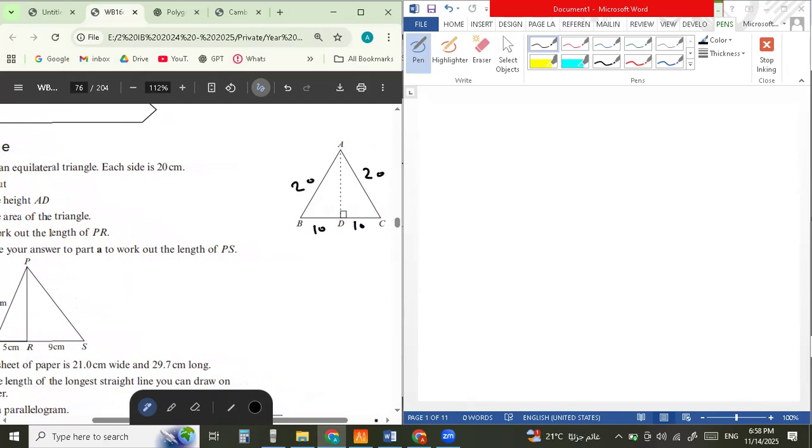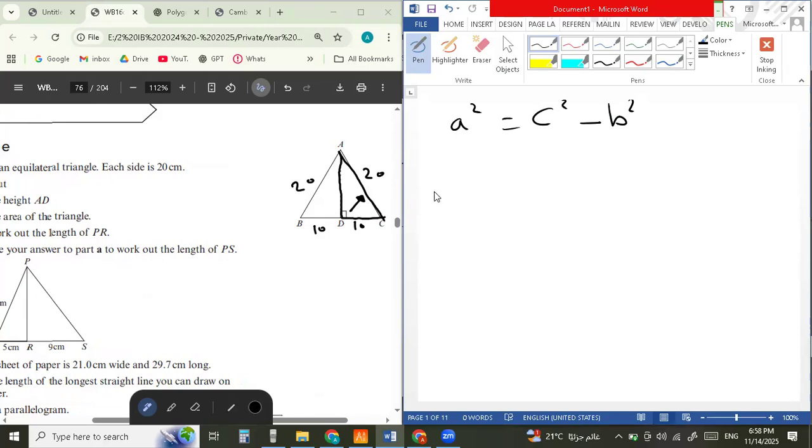The height AD, they want the height of this. What's the length of this? I noticed this right-angled triangle, and the hypotenuse is 20. I want one of the two legs, so A squared equals C squared minus B squared.